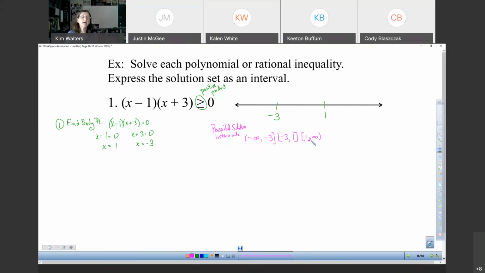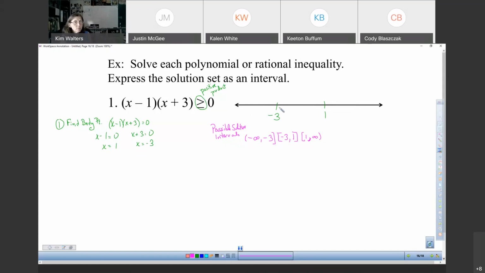Now, here's the other thing I need you to pay attention to, and that is, where did I get these intervals? Where I got these intervals was literally from this number line. So we took the number line and translated it into intervals before. I know nothing's shaded here, and that's okay. But this part of my number line is represented by negative infinity to -3.